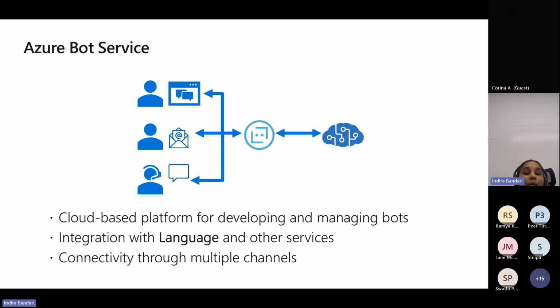Also you can connect this bot through multiple channels. What are your multiple channels? You can do it as a web chat on the website, or even put it in an email, or these days you can add apps into Microsoft Teams, right? So you can do that. And there are several other examples where you can use these channels for your bot.